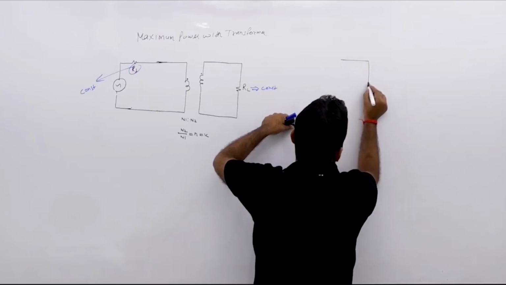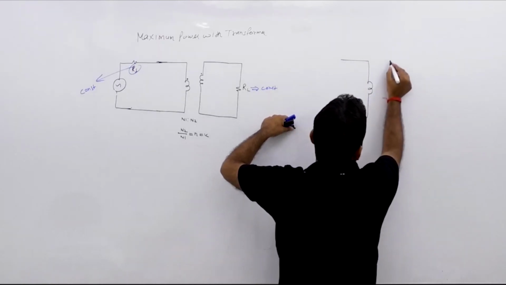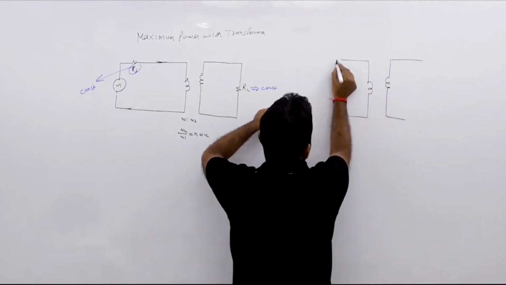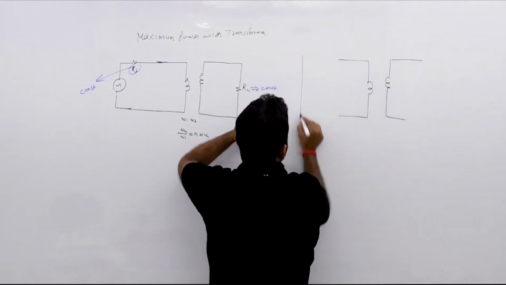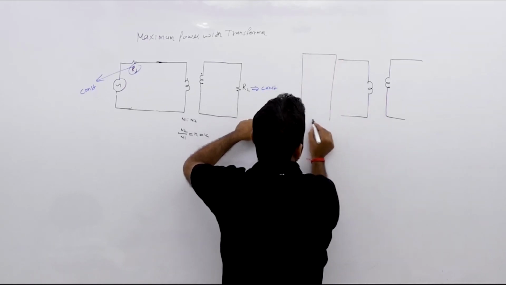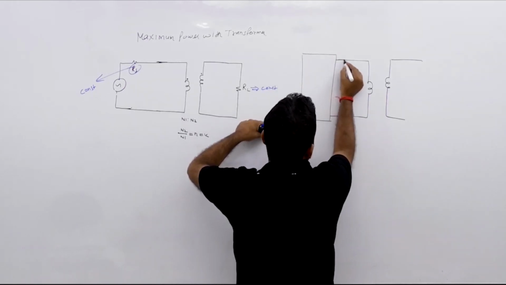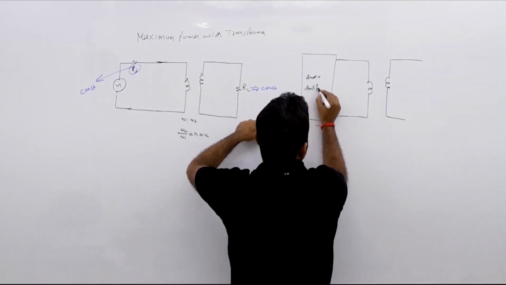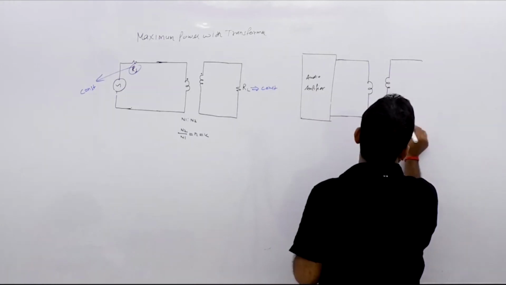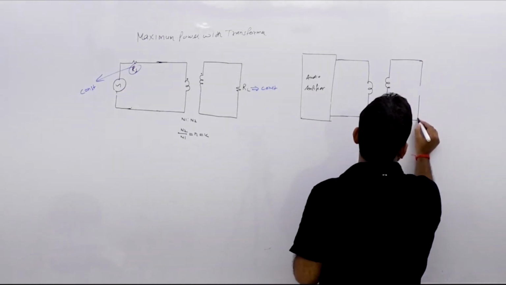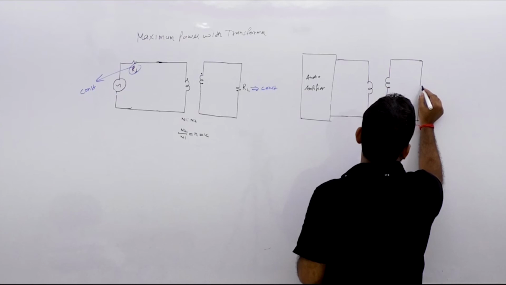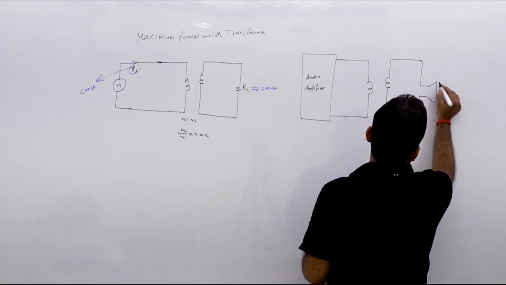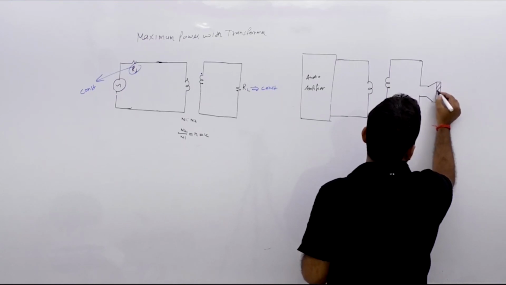So let's see, this is your transformer and now here on the left hand side we are having an audio amplifier, okay, and on the load we are having a speaker.